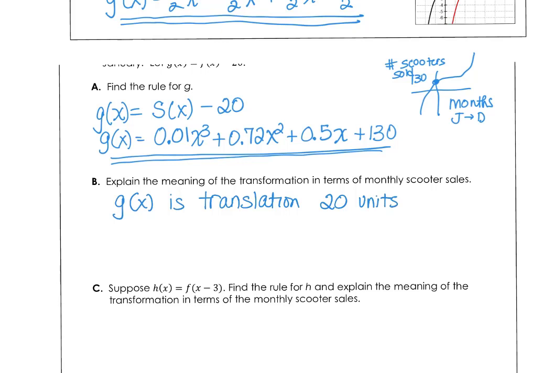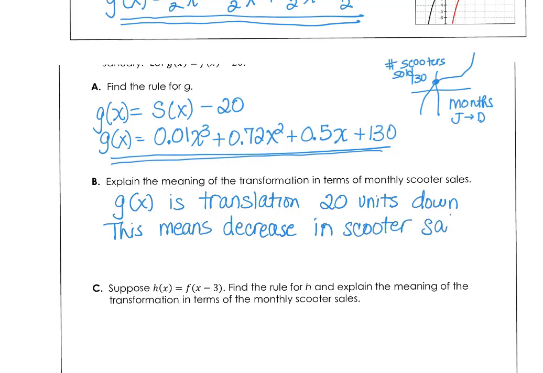So that means we've had a decrease in scooter sales by 20 scooters every month. So this means a decrease in scooter sales. Put that in a sentence of some way. By 20 scooters every month. Okay?